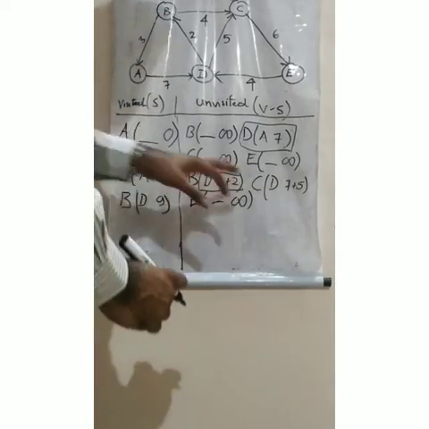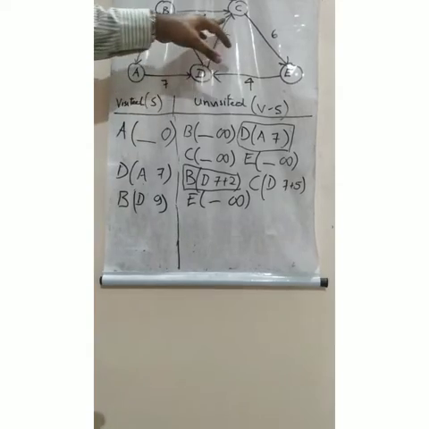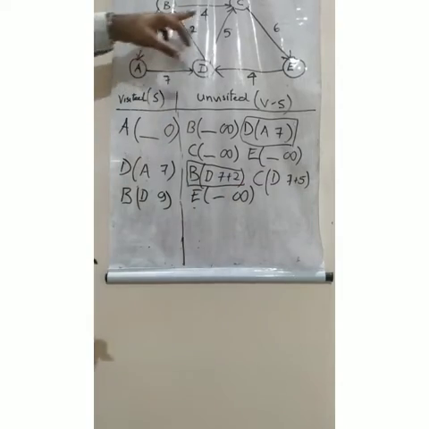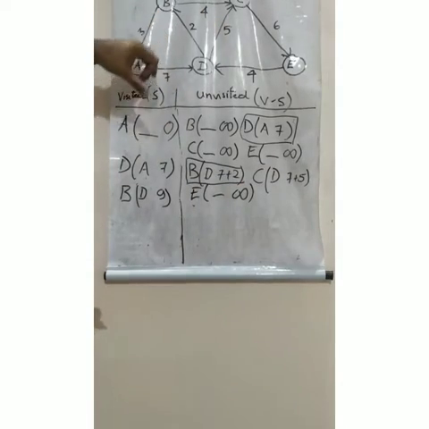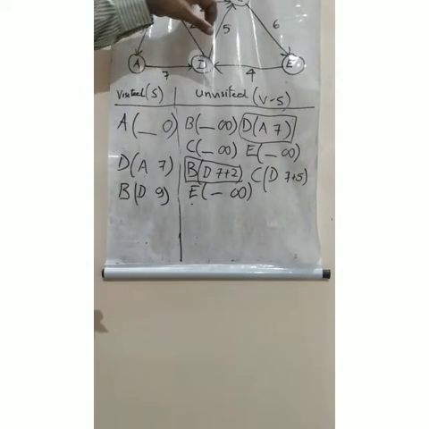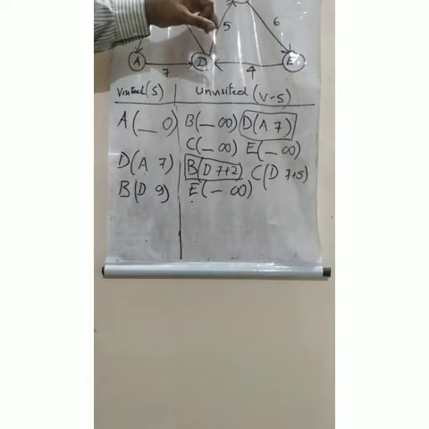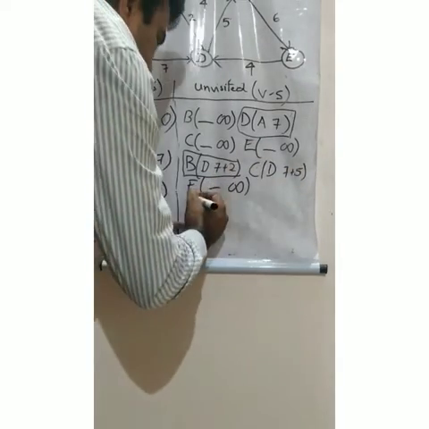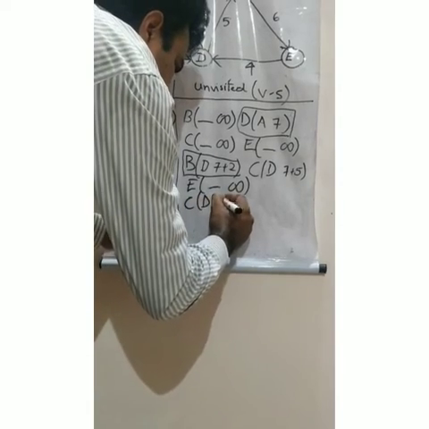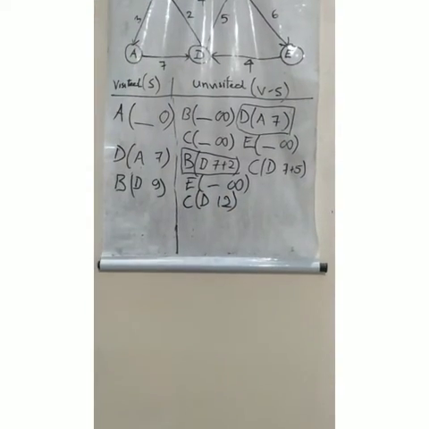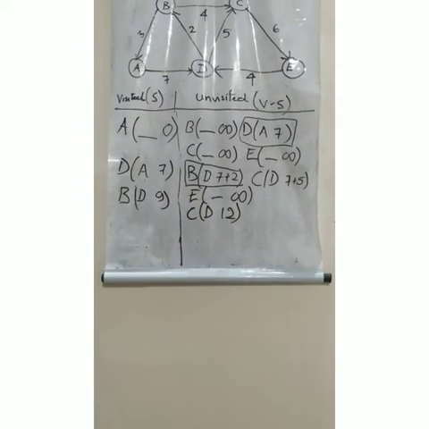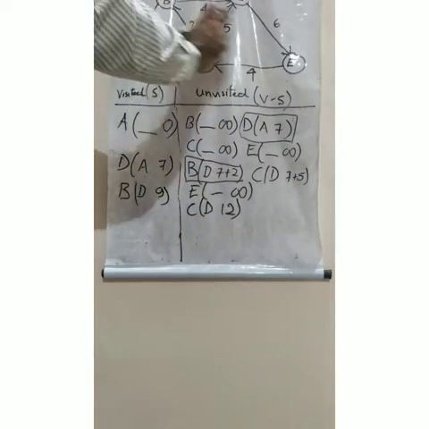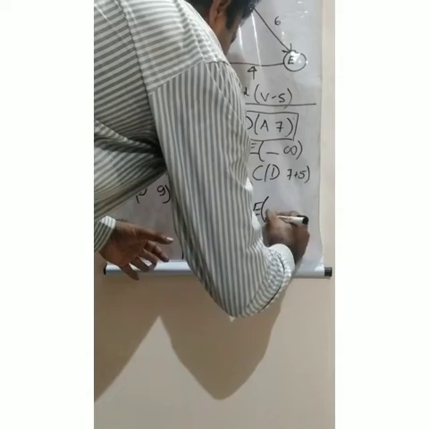After reaching B, let us check whether it is possible to reach C. Yes, it is possible from B. It is 9 plus 4, so it is 13. But here it is 7 plus 5, 12, so this one is the shortest, so retain this. For C the source is D only and the distance is 12, so don't change that. Now we are left with E. After reaching B, E is not connected, so it is infinity only.